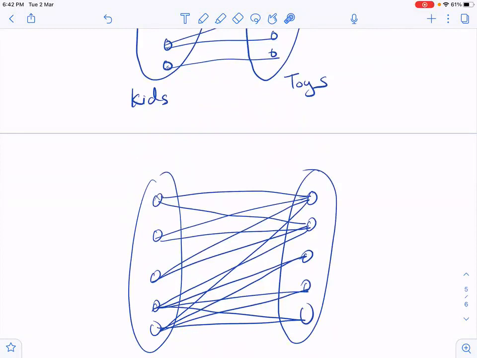Yes, sir. Okay. Now, whatever I just told, can you tell me in a mathematical form? What does this statement mean? Except for talking about kids and toys, what is it that's happening? Let's see.